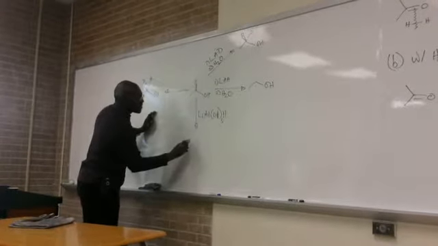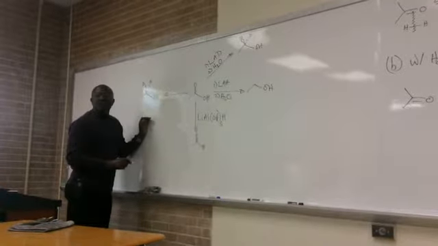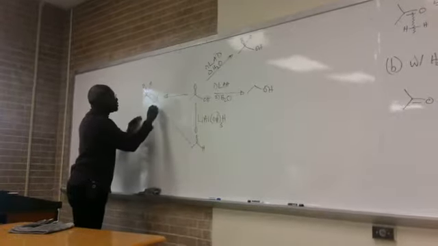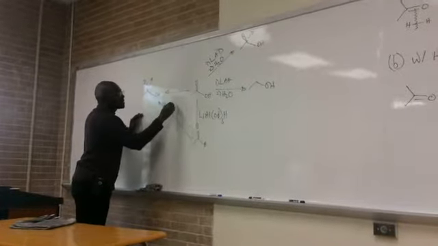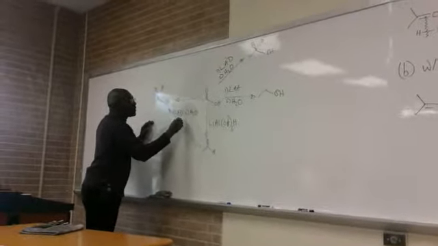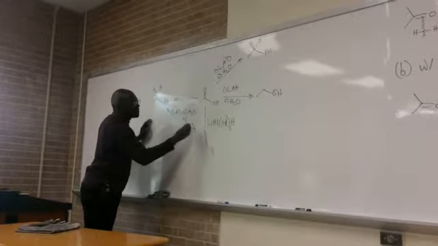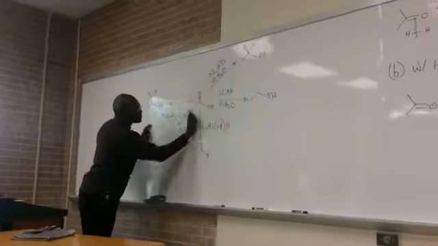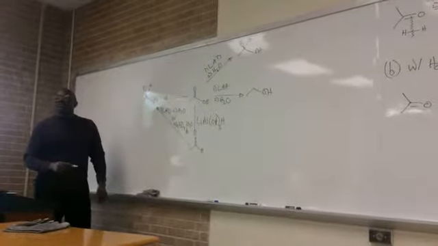That will convert the carboxylic acid into the aldehyde. And then I can use LAD followed by H2O, or I can use sodium borodeuteride in D2O. And that's going to give me my product.